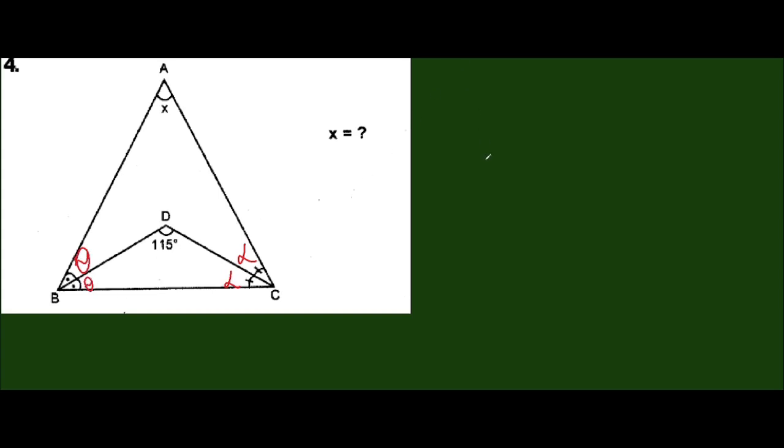So we know that 2 alpha plus 2 theta plus x will be equal to 180. So the sum of interior angles of a triangle is equal to 180 degrees. From here we'll just find the next equation.